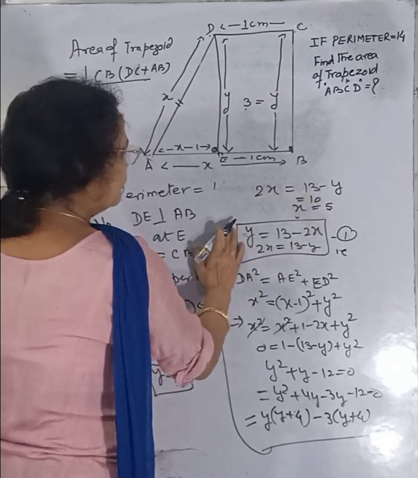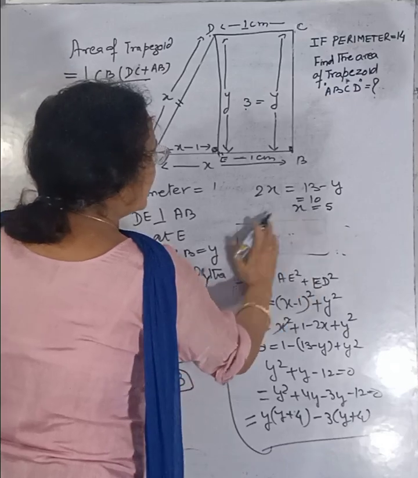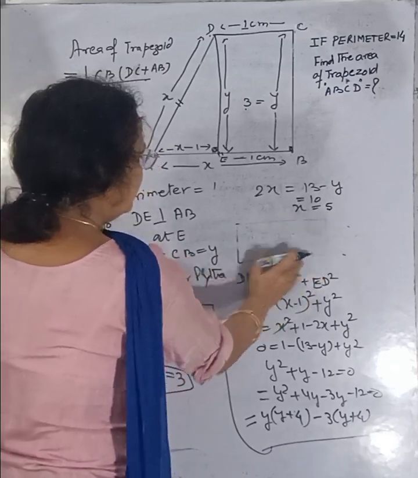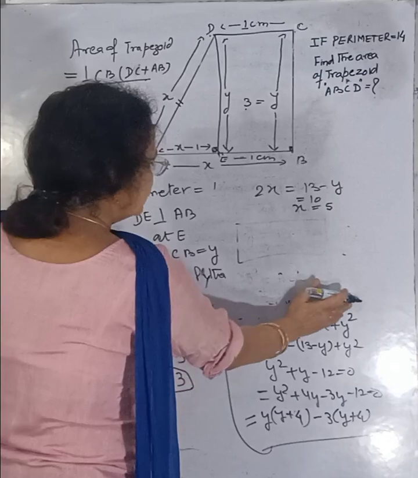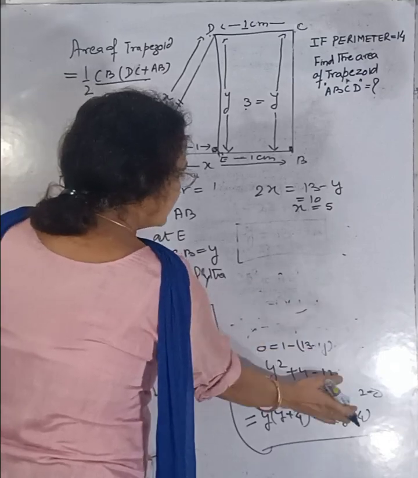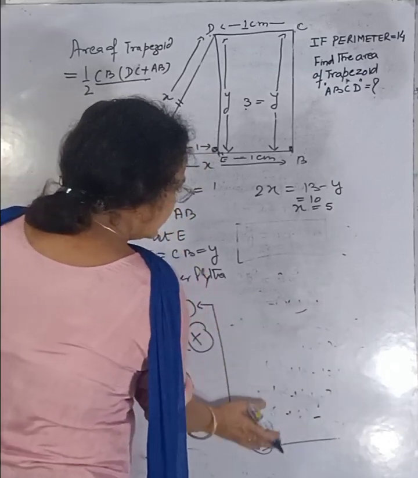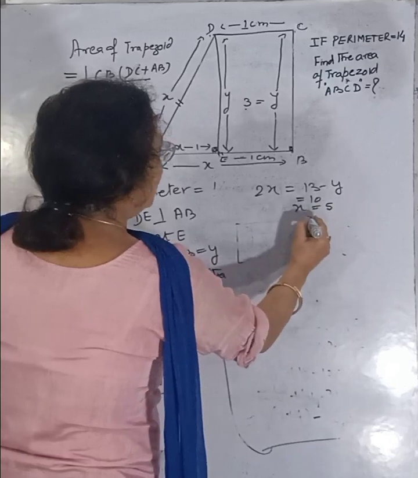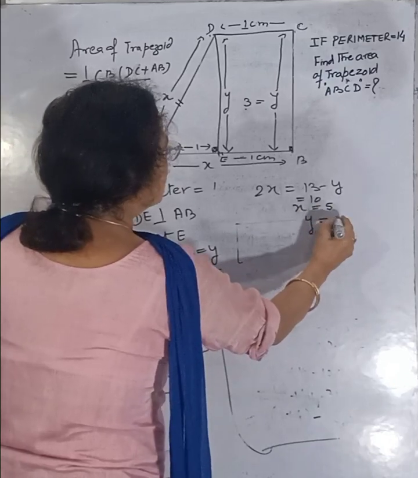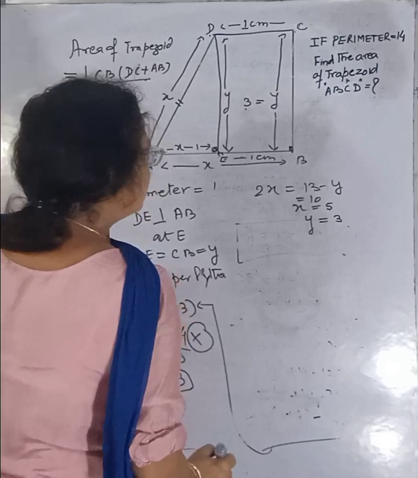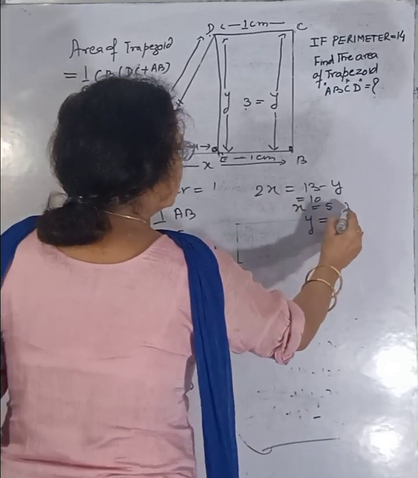We now have all the values: x is equal to 5 and y is equal to 3.